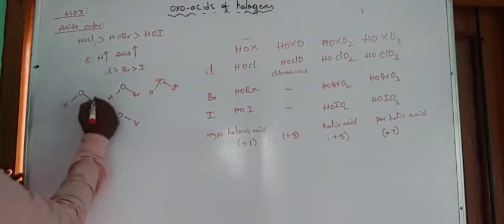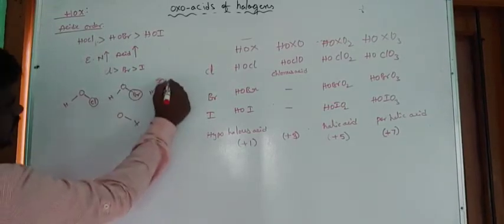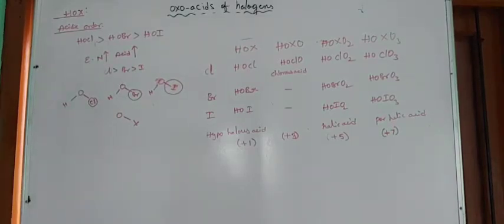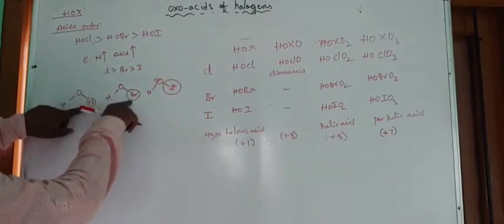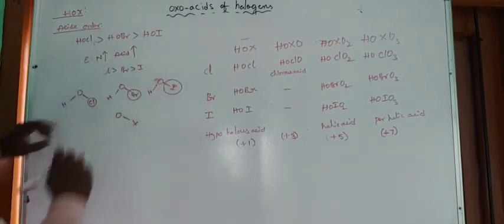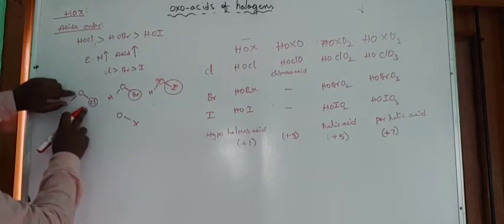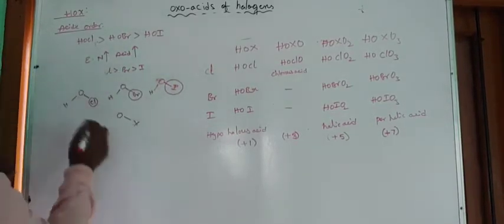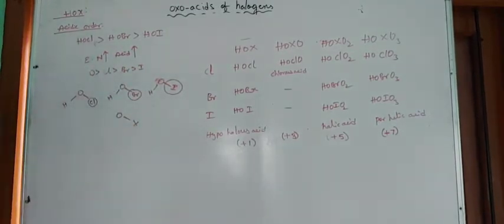Now chlorine has small size, bromine has more size and iodine has maximum size. You know, as size increases, electronegativity decreases. So chlorine is more electronegative than bromine, and bromine is more electronegative than iodine. Now see the electronegativity of oxygen and chlorine, and of oxygen and iodine. Oxygen is more electronegative than chlorine, bromine and iodine.